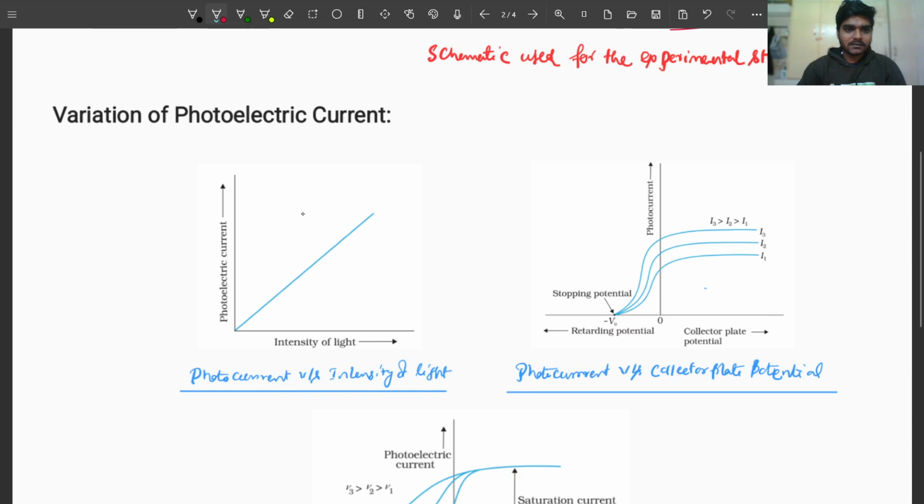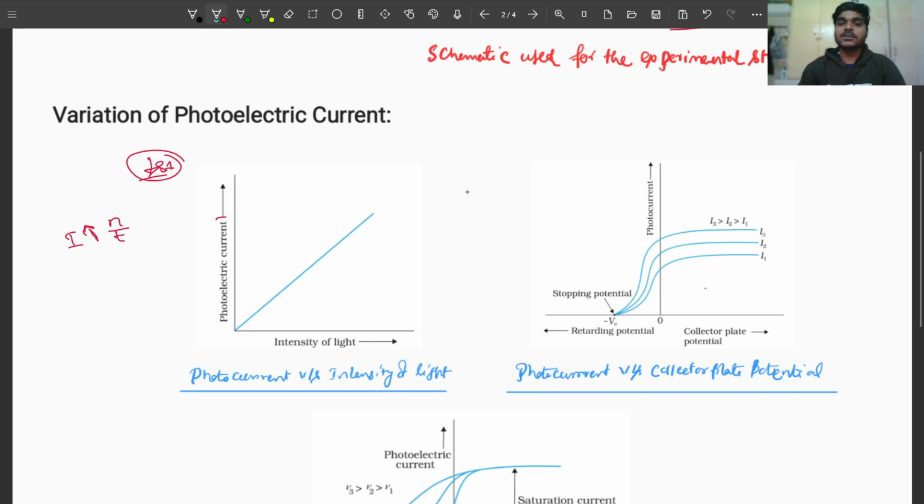In the first graph we observe that the photoelectric current is linearly proportional to the intensity of light. I mean, if you have higher intensity of light, you will get more photoelectric current. That means if your intensity is increasing, you will get more photoelectrons per unit time.